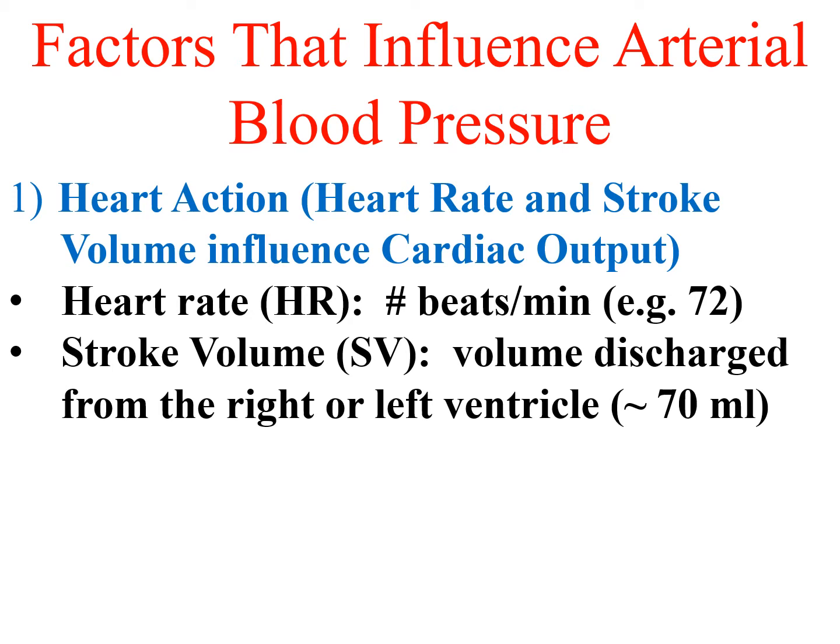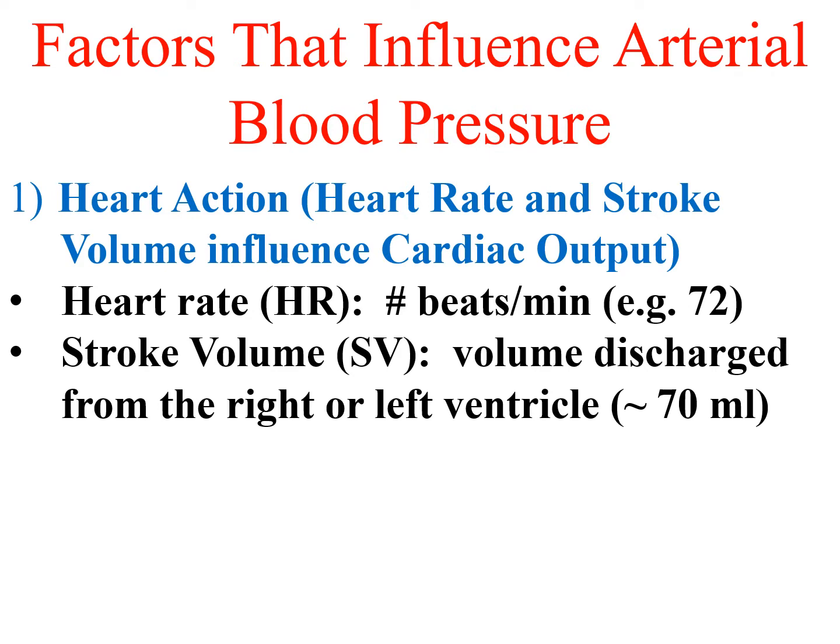So here's the definition of those two variables. As I mentioned a moment ago, heart rate is simply the number of beats per minute, and I give you an average there of 72, which I think is pretty accurate. Stroke volume is defined as the amount of blood that's being ejected from either ventricle.